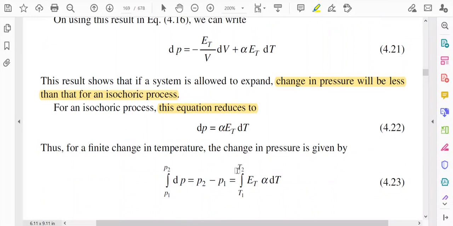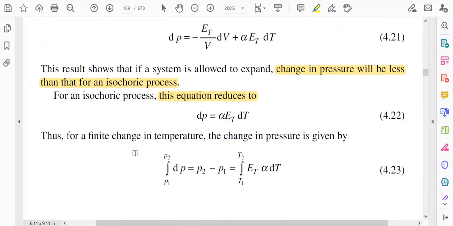Now for a finite change in temperature, the change in pressure is given by the integral of dP from P1 to P2, that is P2 minus P1, is equal to the integral from T1 to T2 of ET alpha dT. That is what we have done for an isochoric process, this equation 4.22.